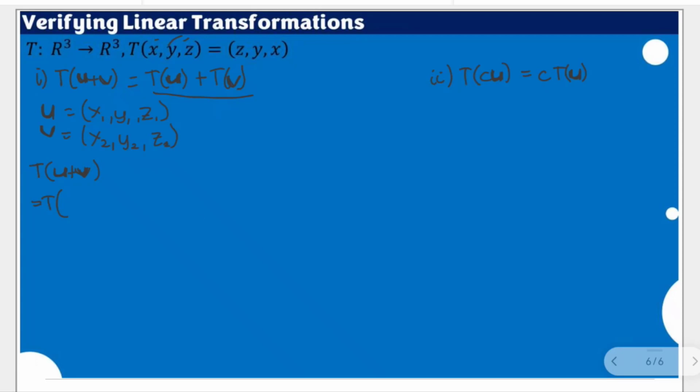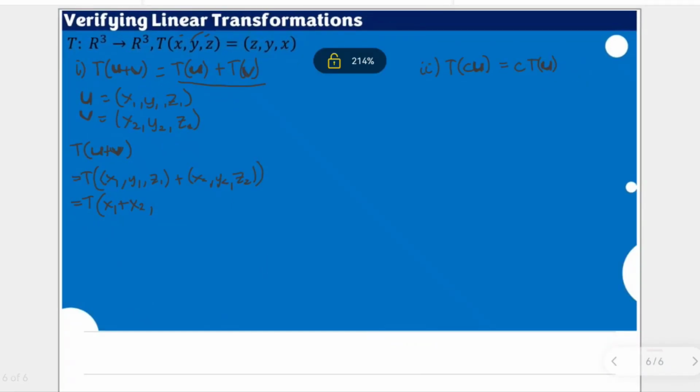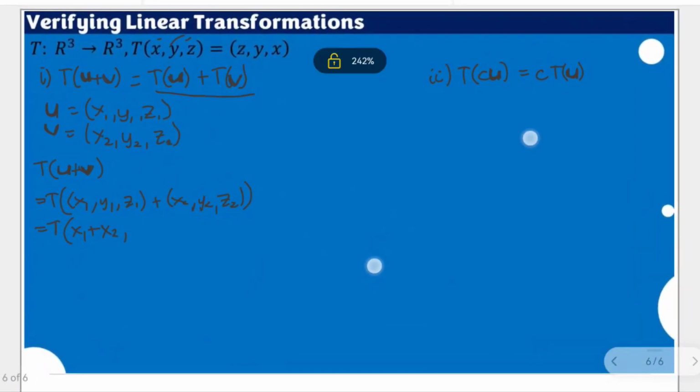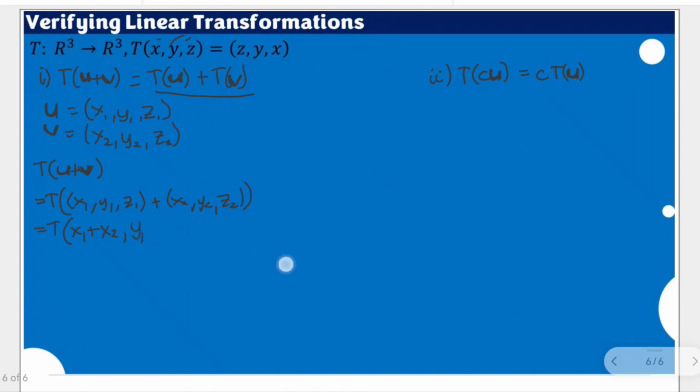So you have x sub 1, y sub 1, z sub 1 plus x sub 2, y sub 2, and z sub 2. When you add them up, you will have x sub 1 plus x sub 2, then y sub 1 plus y sub 2, and then z sub 1 plus z sub 2.